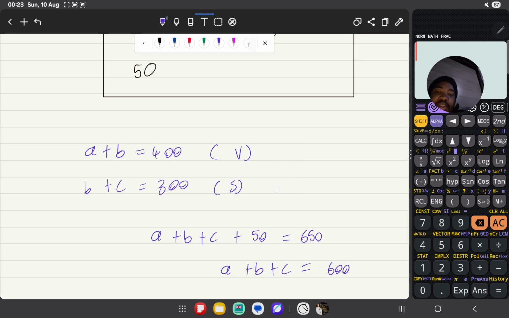This can also be written as B equals 400 minus A, and here I can say B equals 300 minus C. All right.